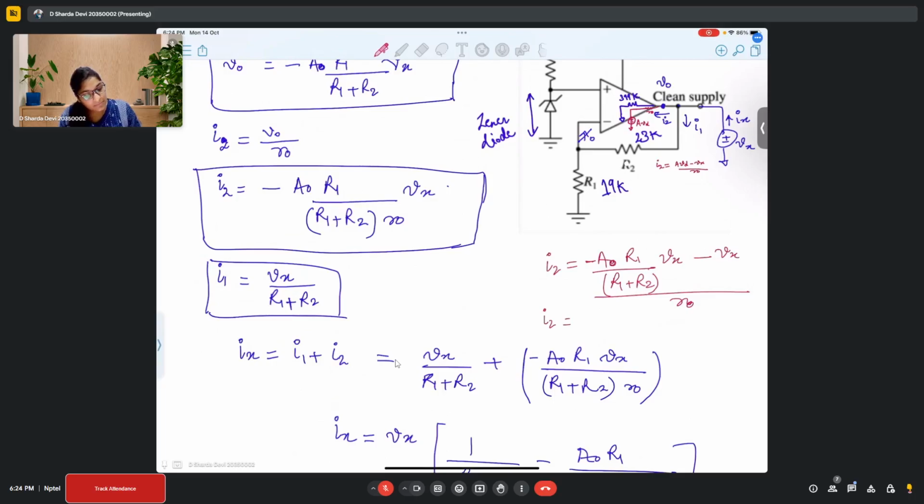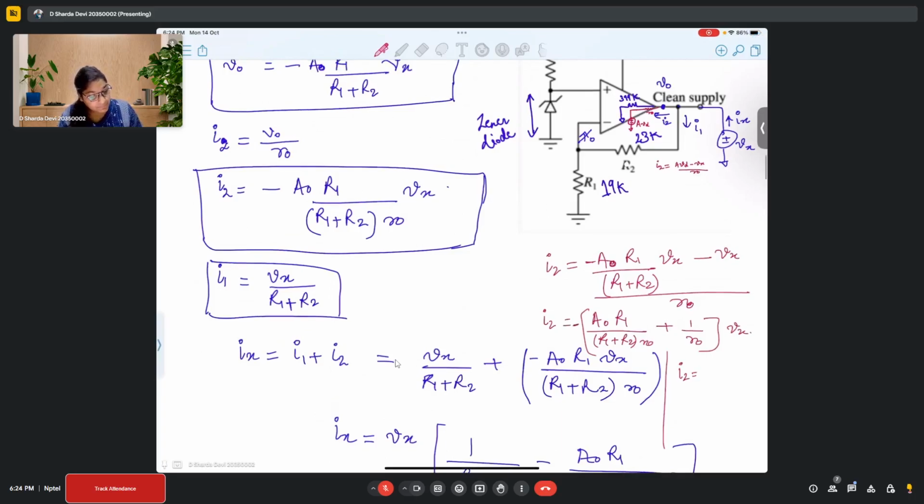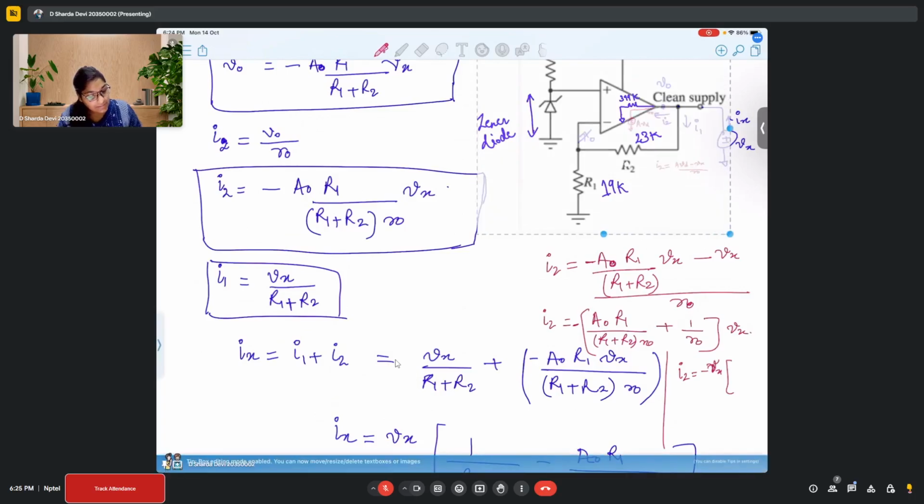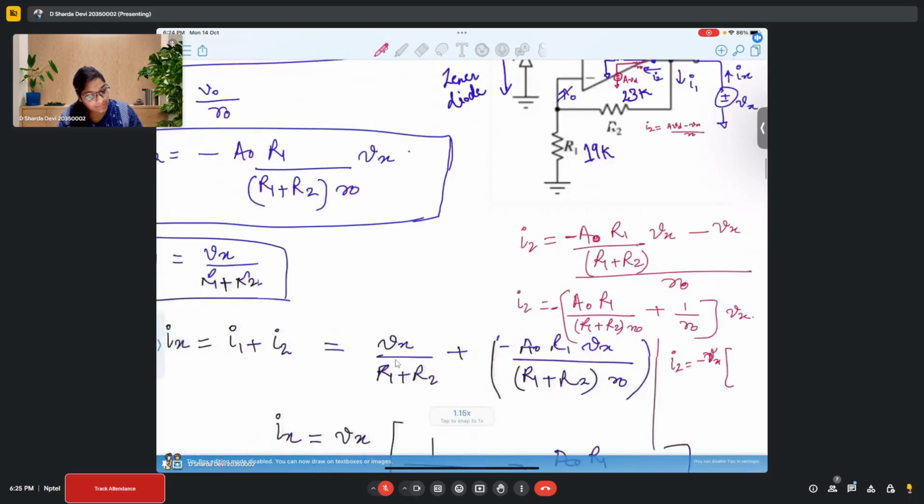So this will become A naught R1 by R1 plus R2 into R naught plus 1 by R naught into Vx. In that scenario, I2 will become minus; the second term will be minus inside the bracket. Whole minus I have taken out. One minus is coming from here, another minus is here. So this is minus Vx.